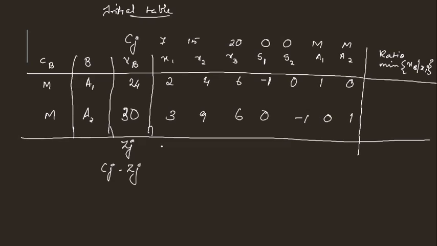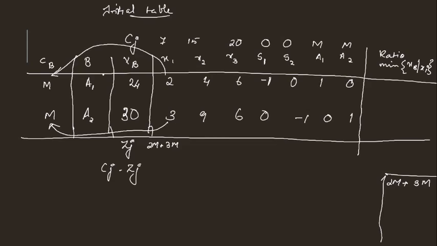Now you have to find out Zj. Now how will you find out Zj? The usual method. You have to multiply 2 into M plus 3 into M. So you get over here 2M plus 3M.